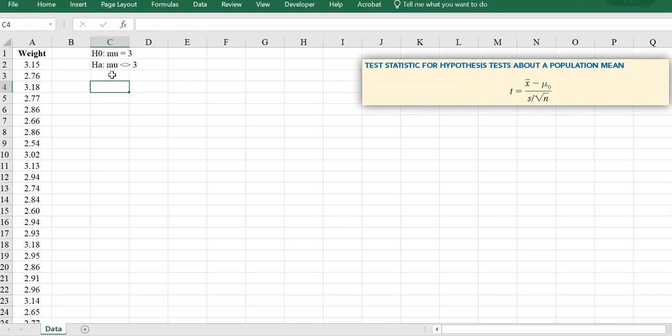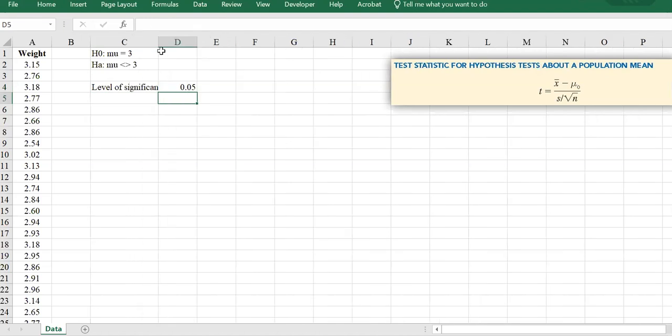So this one, which we already did, is step 1. Step 2 would be to decide about the level of significance, or alpha. I'm going to fix it to 5% because most of the time we're going to use 5%.